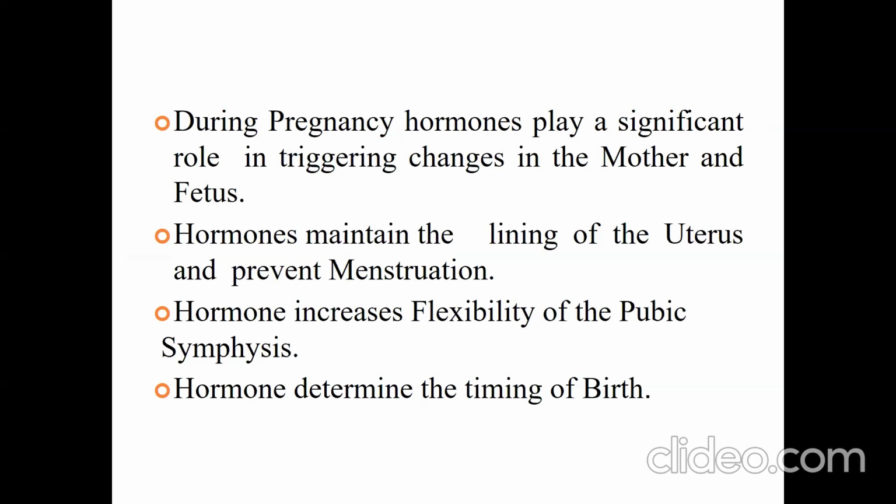Once the uterus is implanted with the embryo, from that moment onwards the hormones take control to prevent menstruation. Hormones also increase the flexibility of the pubic symphysis, which helps in parturition, and they determine the time of the birth.